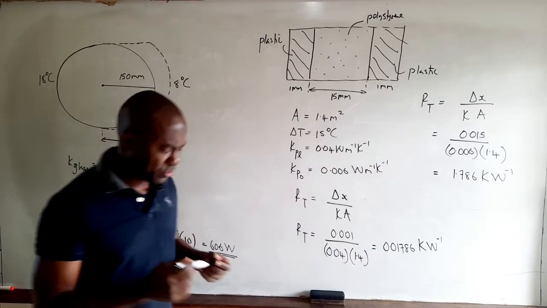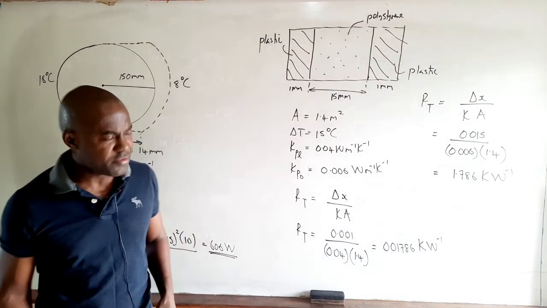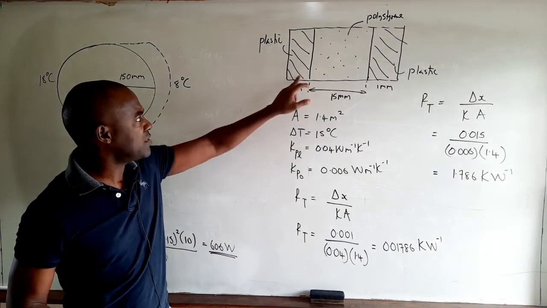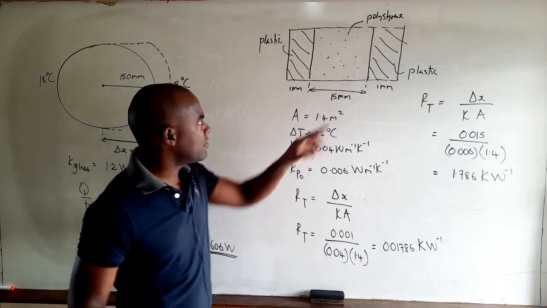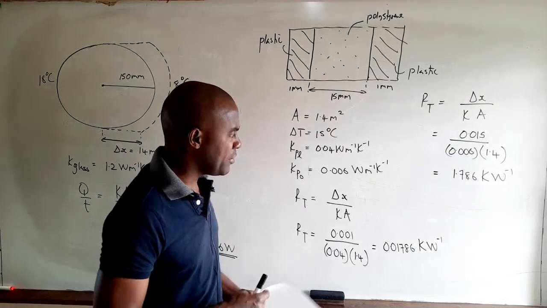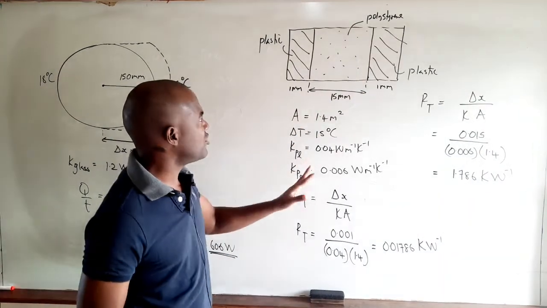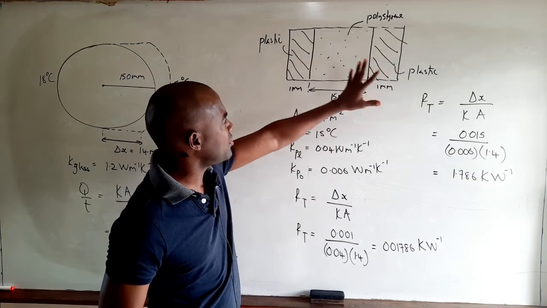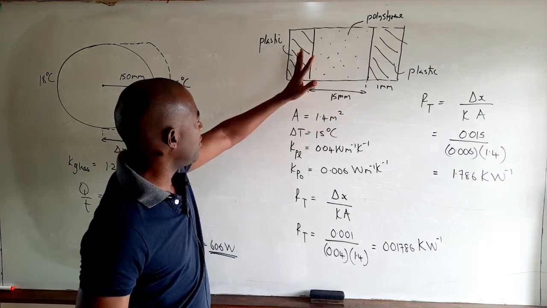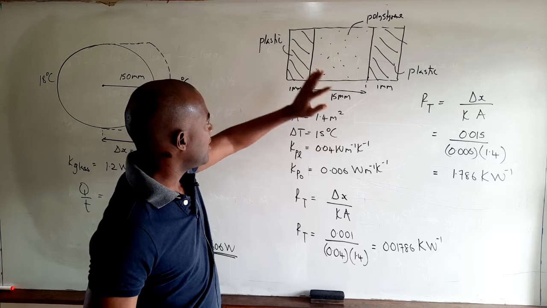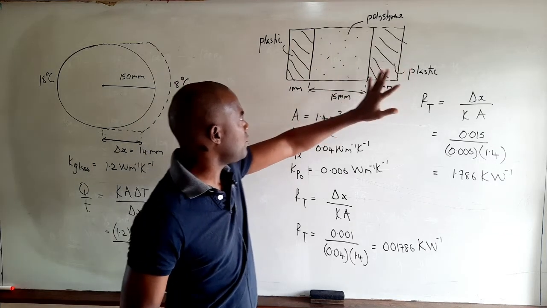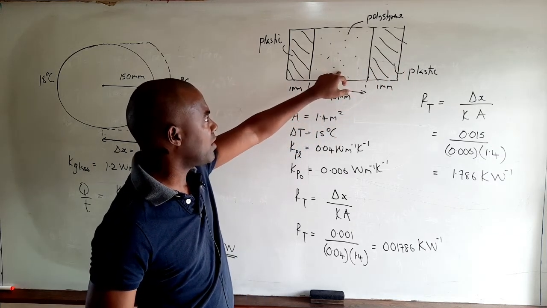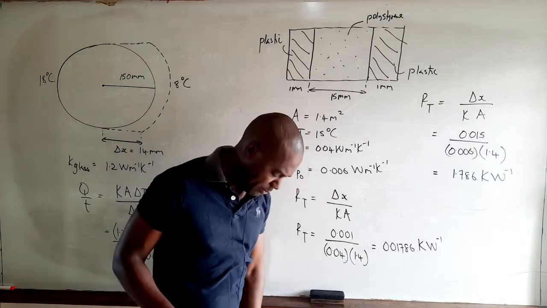Now, what we've done so far is to calculate the thermal resistance for this particular thickness of plastic and for this particular thickness of polystyrene. But as we mentioned before, essentially what we have is a composite material consisting of an inner layer of plastic, an outer layer of plastic, between which you have a layer of polystyrene.